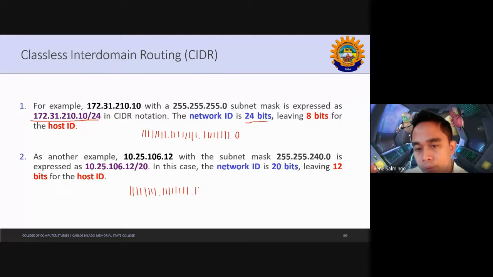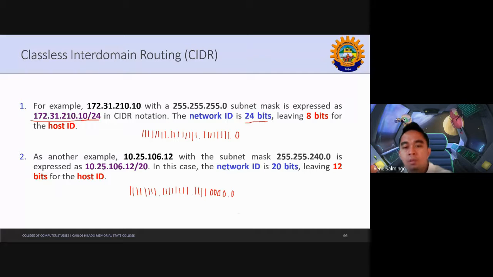So you have 1, 1, 1, 1, 0, 0, 0, 0, as your octet, and you have 16.